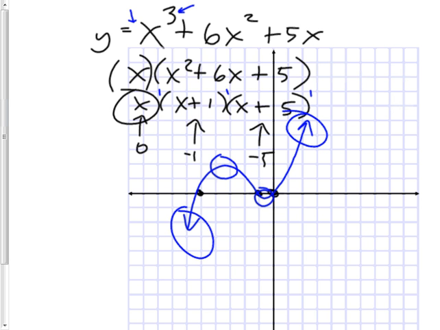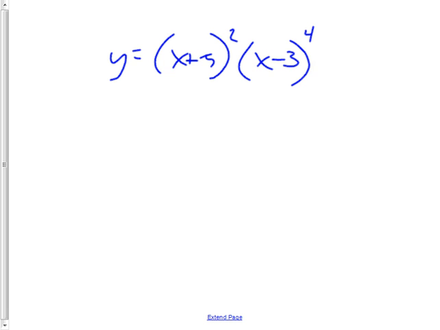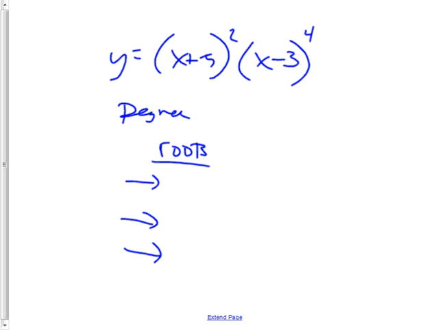All right. What if I give you one that is factored? I'd like to know what degree this is, what its roots are, and there's however many of them, and then what is their multiplicity, and what do they do at those spots? What's the degree of the whole polynomial?